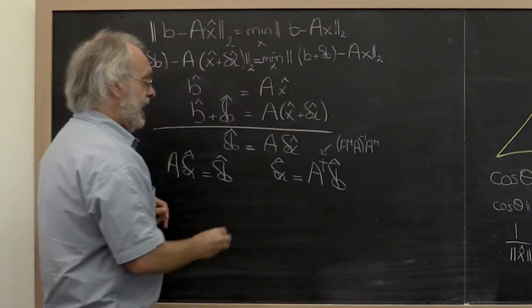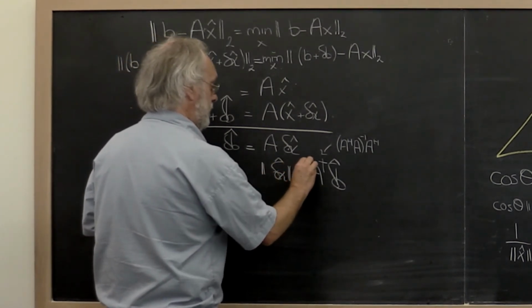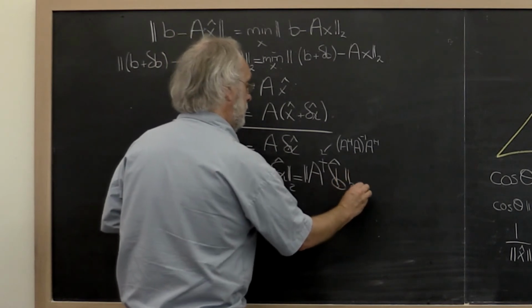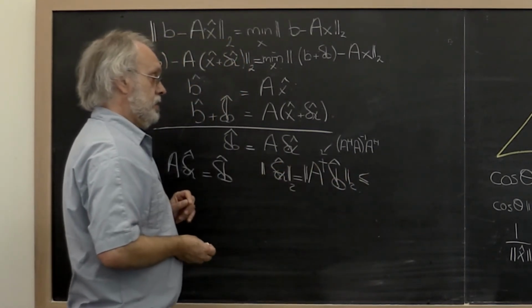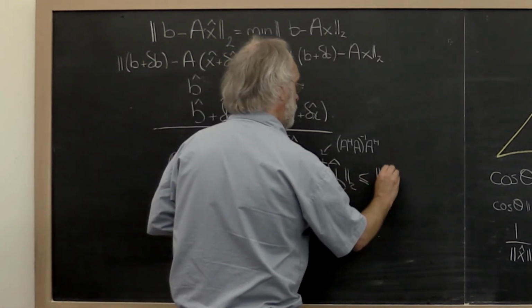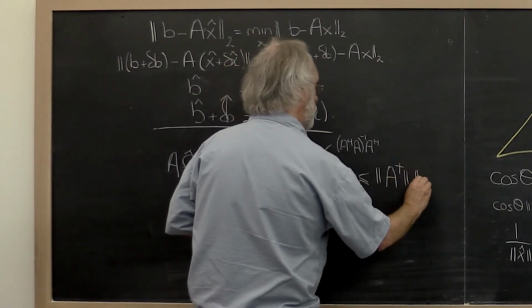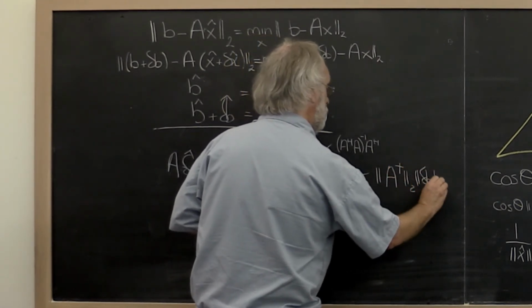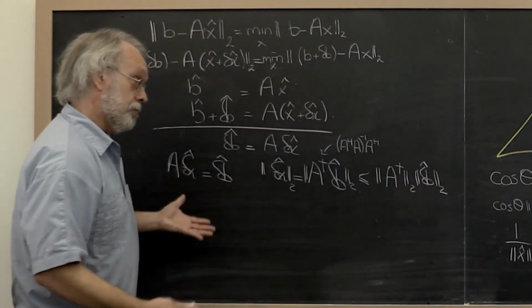And once we have that, we can take the 2 norm of both sides. And then we can use the fact that the 2 norm is submultiplicative to find out that that's less than or equal to the pseudo norm of A in 2 norm times the 2 norm of the change in the right hand side after projection.